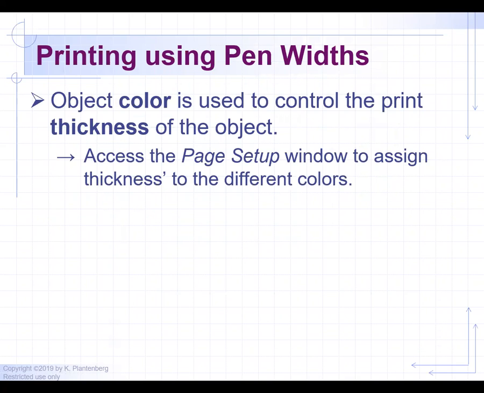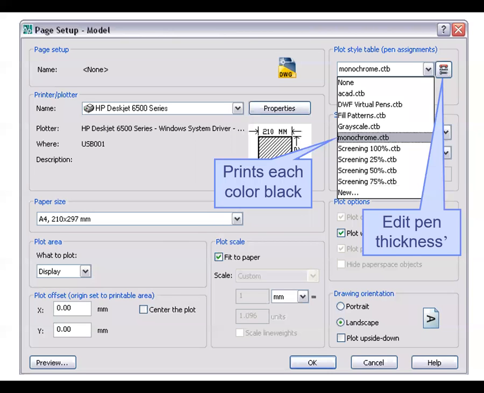Selecting object color is used to control the print thickness of the object, and you access the page setup window to assign the thickness of different colors. You would go to the plot styles and select edit to change the pen thickness.